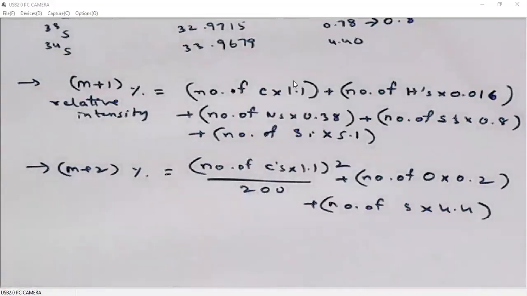So using this formula, we can identify the molecular formula of a given compound from the mass spectrum.